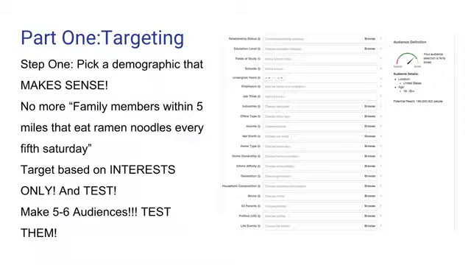So make 5 to 6 audiences and test them. Okay? Make an audience based on, if you're going for athletes, the local athletic associations. See how that works. Okay? Make one where the interests are fairly broad. Marathon running and sports. Powerlifting, soccer, whatever it might be, and test that.